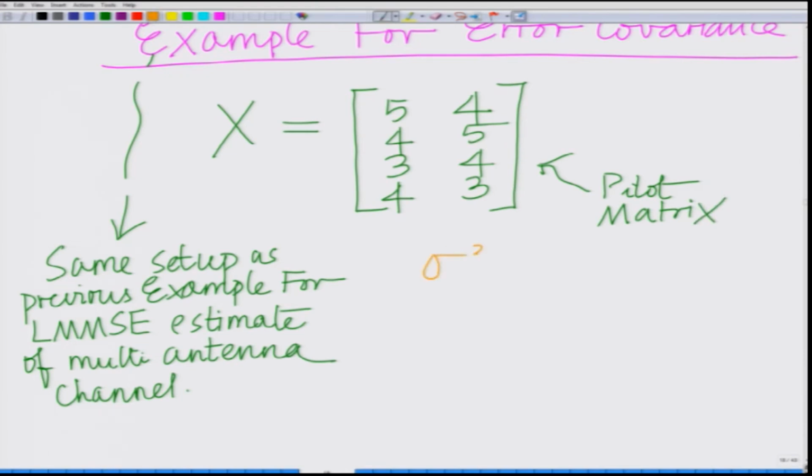We consider sigma square equals 2, this is your noise variance.